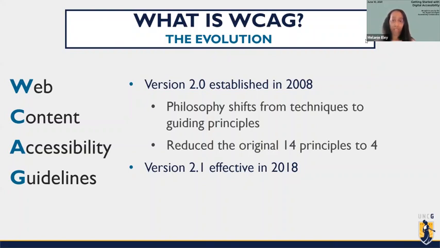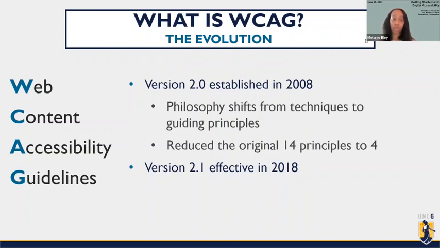And the guidelines allowed for more flexibility and also encouraged more conceptual thinking during the web development process. So as you are building those websites and creating the content, those guiding principles allowed for a little more flexibility, focusing on overarching principles rather than just the specific techniques to address accessibility.